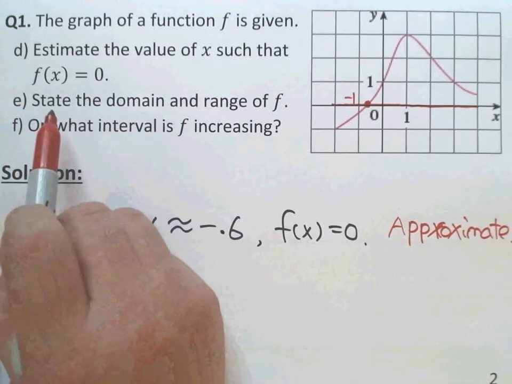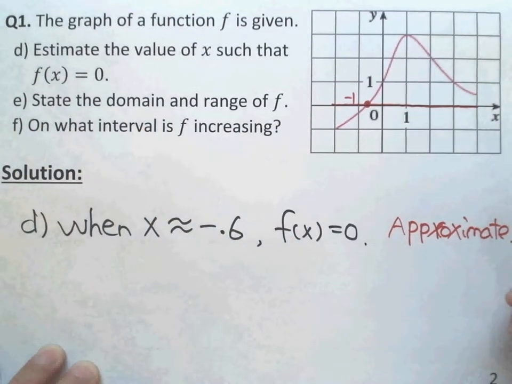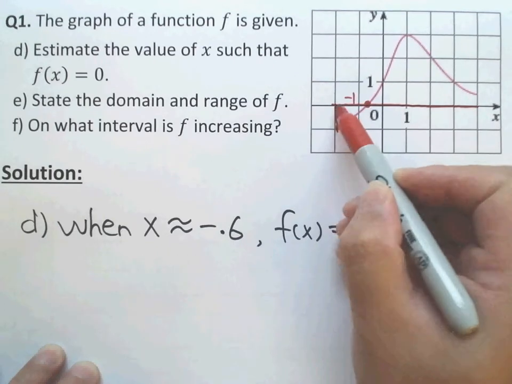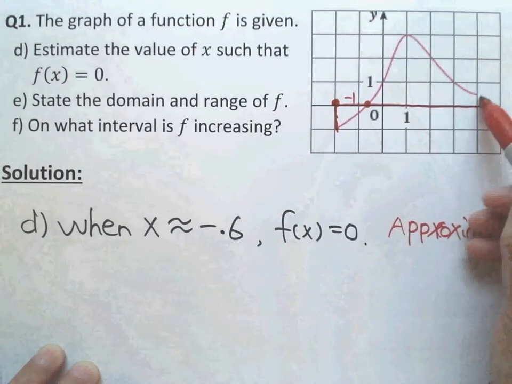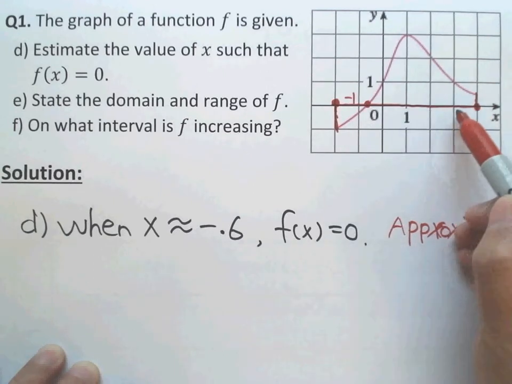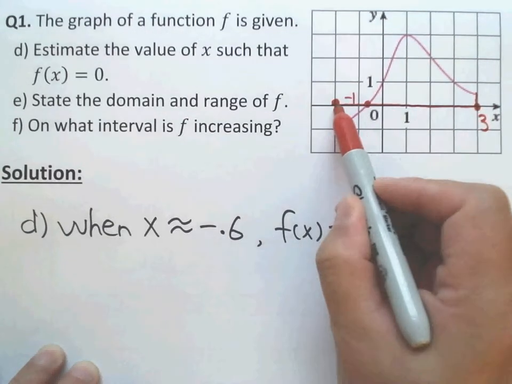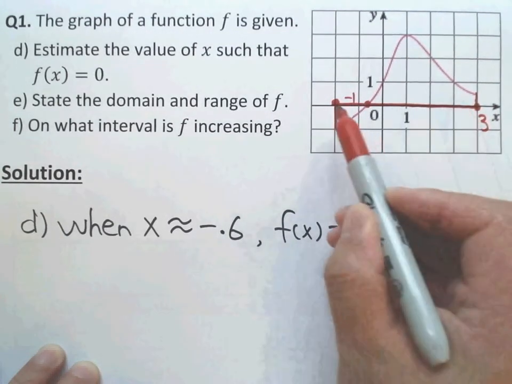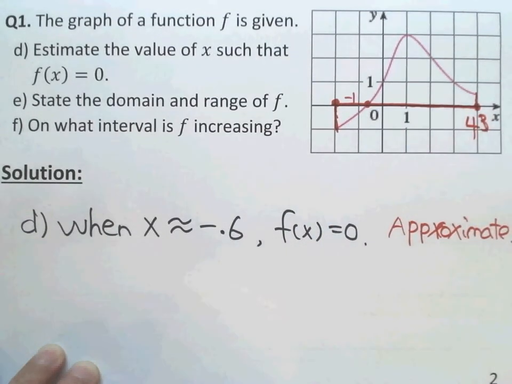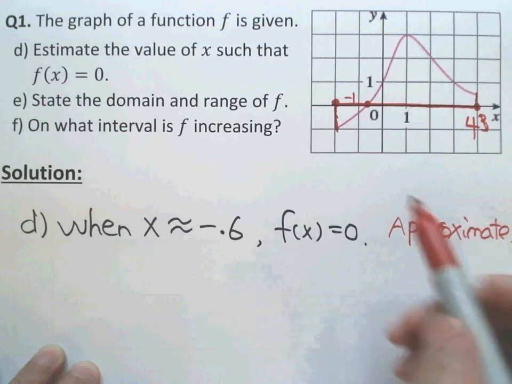One more. State the domain and range of the function. What is the domain? The domain we see is the x. From this point, the maximum x here is 1, 2, 3, 4. So the domain is from -1 to 4, right? Okay, what about the range?